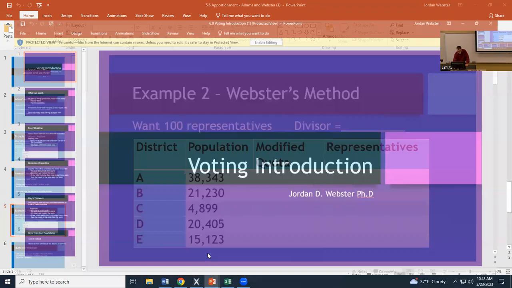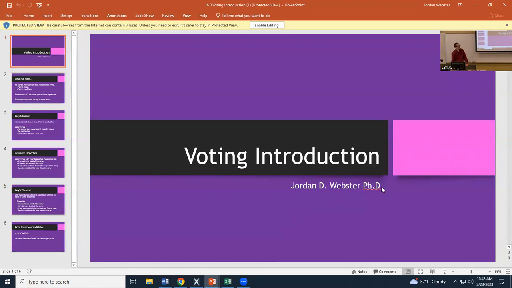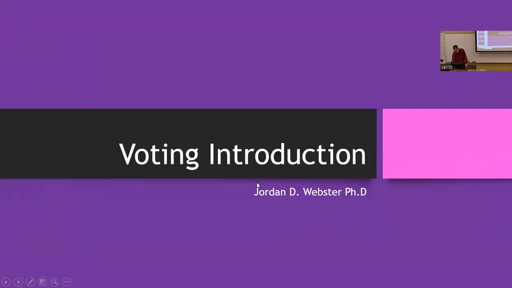All right, so speaking of systems in the United States and how all that kind of stuff works, we're then going to move on to the next chapter. Last chapter was fair division. How do you fairly allocate things? Now we're looking at voting, which is also kind of about fairness in a lot of realms.